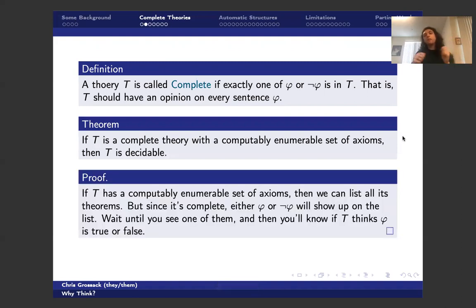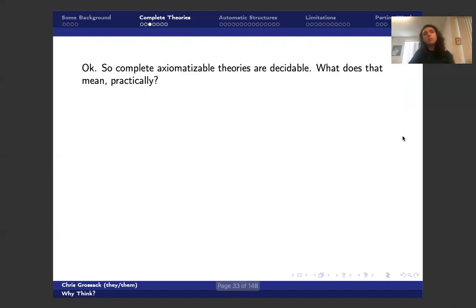Because if I have a computably enumerable set of axioms, then I can list all of the theorems. But if I'm a non-theorem, then my negation is a theorem. So for any sentence I'm interested in, either phi or not phi will show up on the list. And I know that one of them will be there. So I only look as far as I need to find one of them. And then I know T's opinion on phi. So this is a decision algorithm for complete theories.